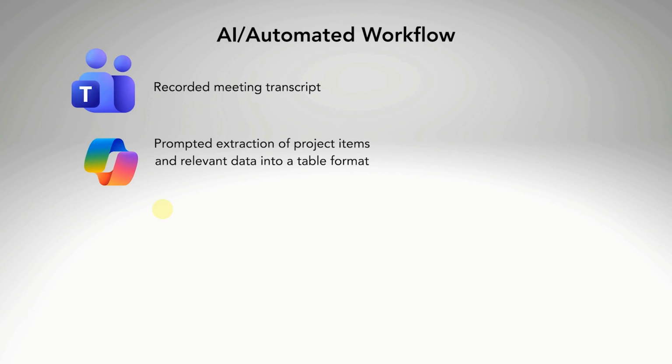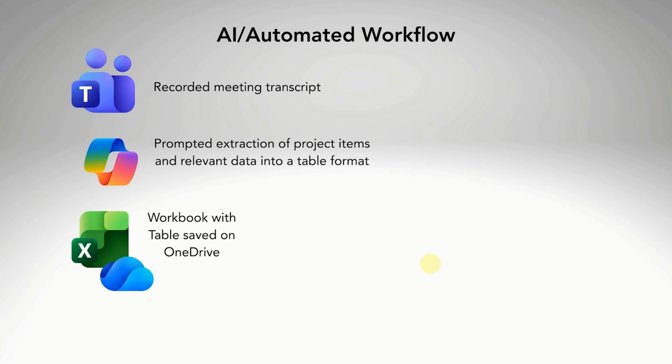Now, we located the meeting transcript in Excel, but of course that could have been in Word or anything else useful to produce our table. Now, with that data in a table and actually in an Excel table, we also had to have that saved on OneDrive.